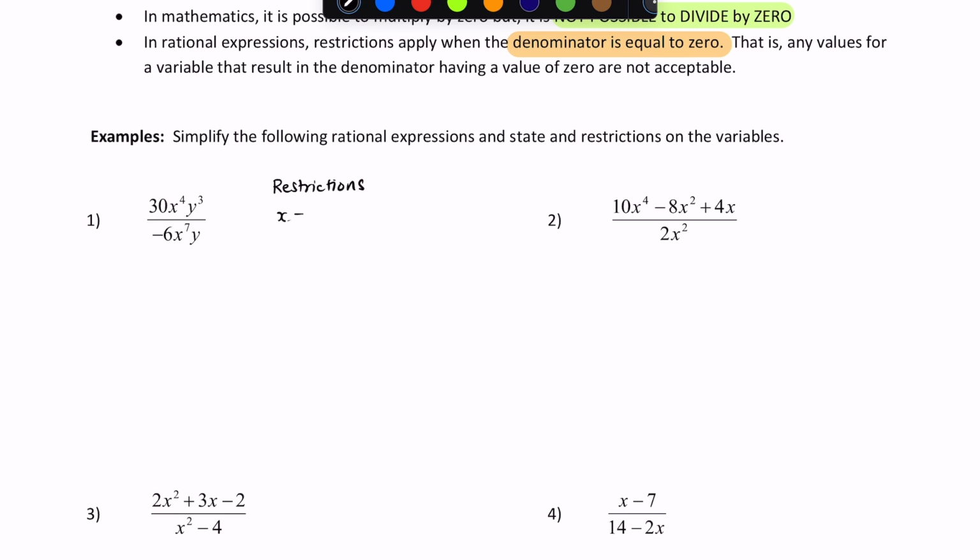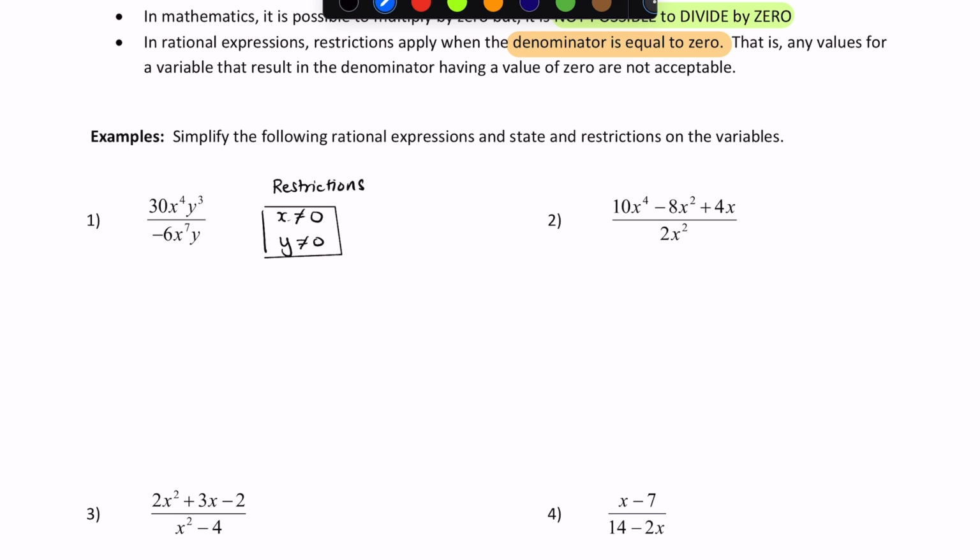First, if x was equal to 0, that would make the denominator equal to 0. So again, x cannot equal 0, and the same thing with y: y cannot be equal to 0. So the two restrictions we have here are x cannot be equal to 0 and y cannot be equal to 0. Once we do that, we can just simplify the expression as it is.